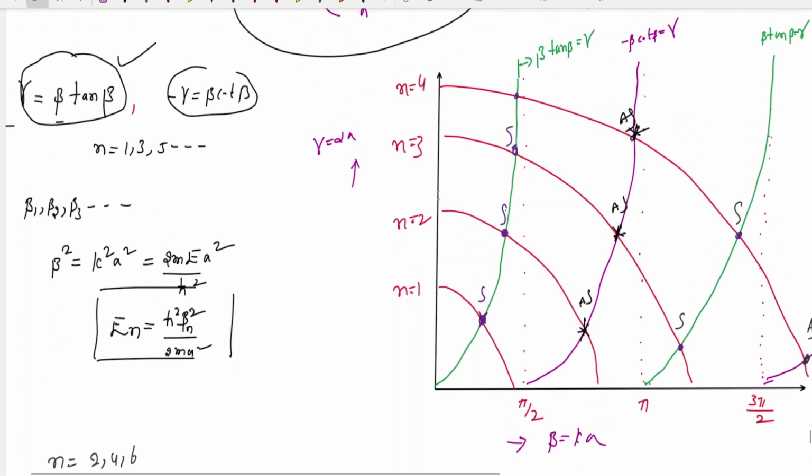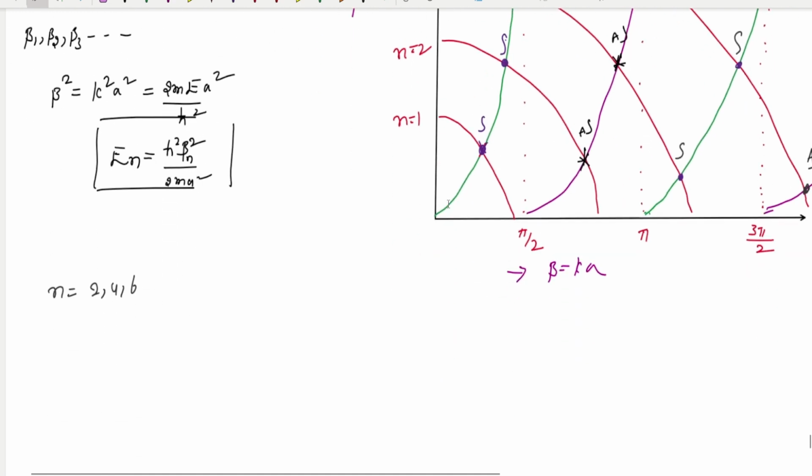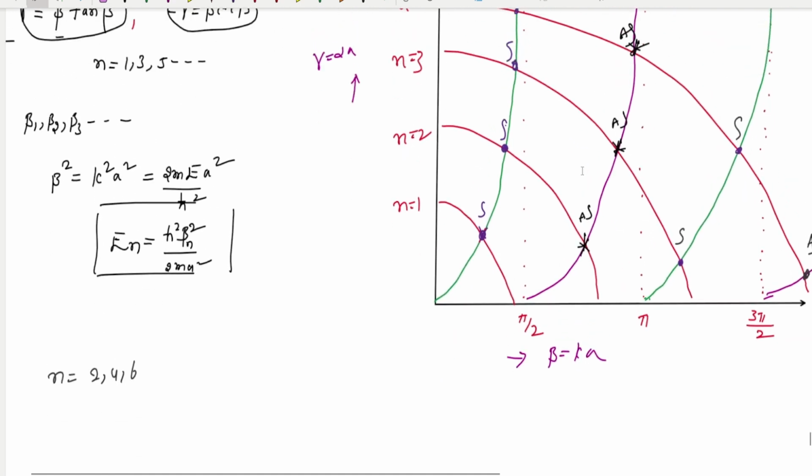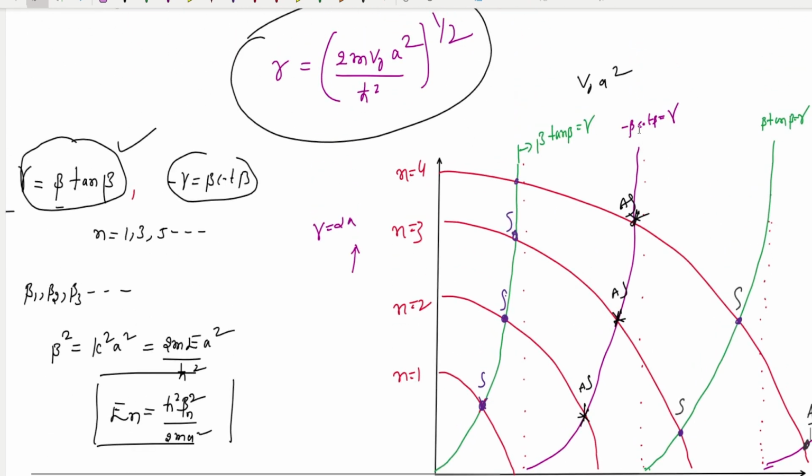Did you understand these 2, 4, 6 values here? This is 2, right? Symmetric values. Minus beta cot beta equal to gamma.